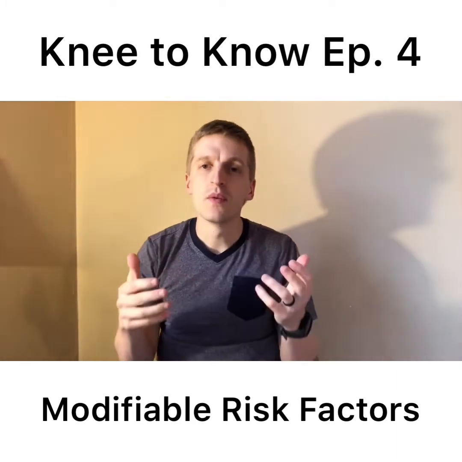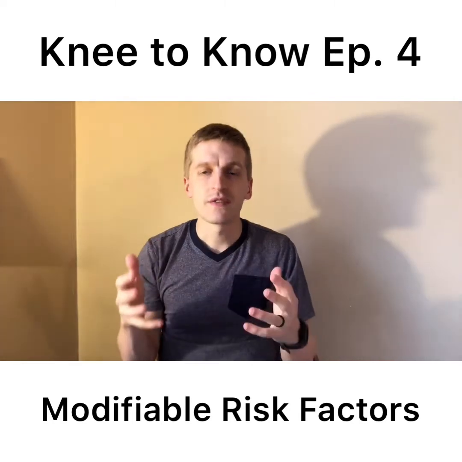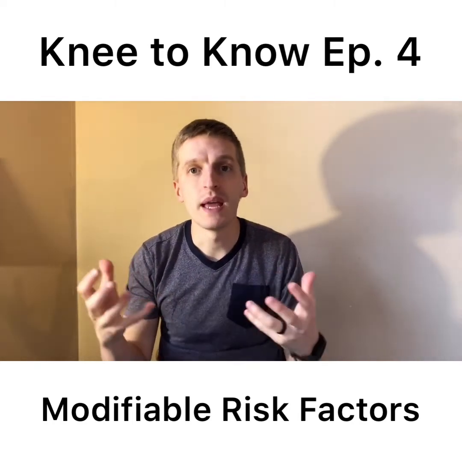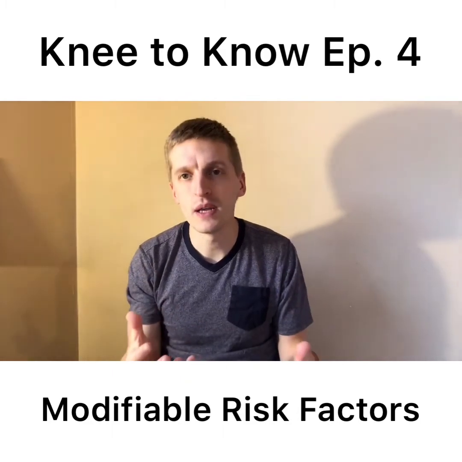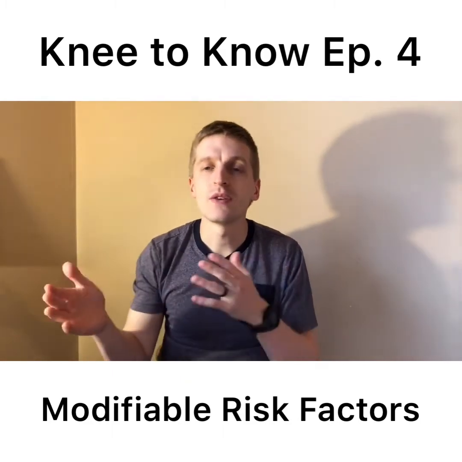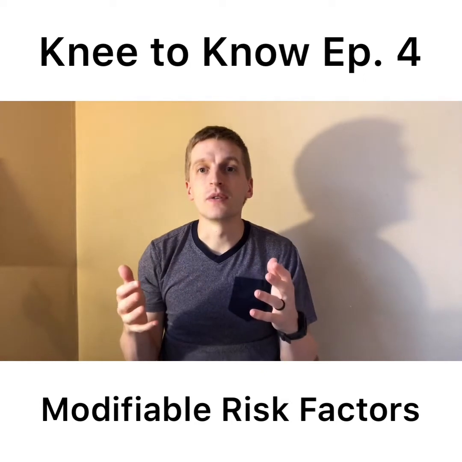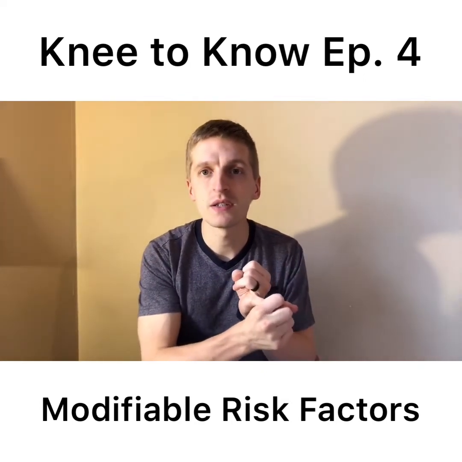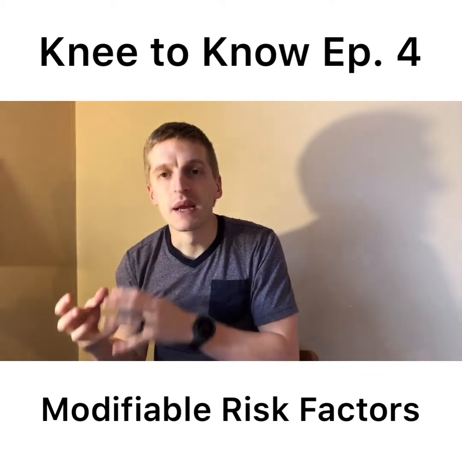When you break down the risk factors of developing arthritis, or what we call joint pain, so pain in your knee joint, there are different ways you can separate them and different categories you can use. One way is biological factors versus mechanical factors.